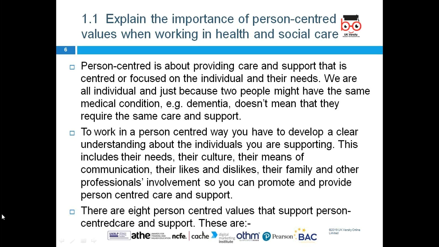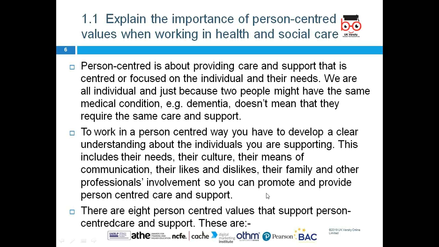Person-centered care is about providing care and support that is centered or focused on the individual and their needs. And we're all individual. Just because two people might have the same condition, like dementia here, it doesn't mean that they require the same care and support. One person may have a lot more support from their family, another person might not have that much, and it depends on how we can fill in that support for them, medicinal-wise and also care-wise.